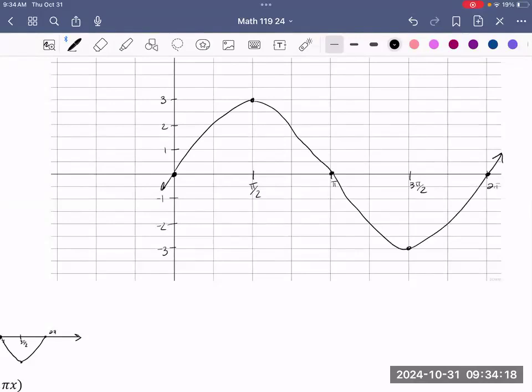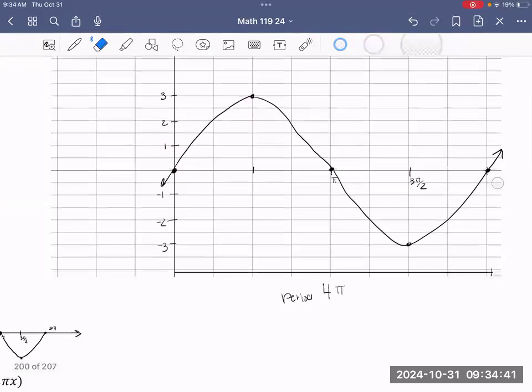So if our graph used to look like this, our x values need to change, just like your y values. Instead of starting and stopping up here, we've now stretched it an extra little bit. So your period, if it used to be 2 pi, we now have to extend to 4 pi, meaning that at the end, we should have 4 pi here.